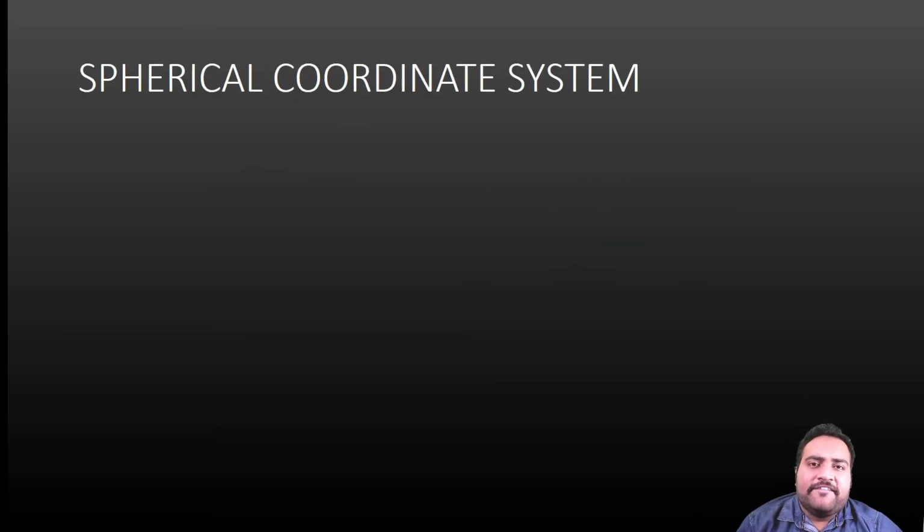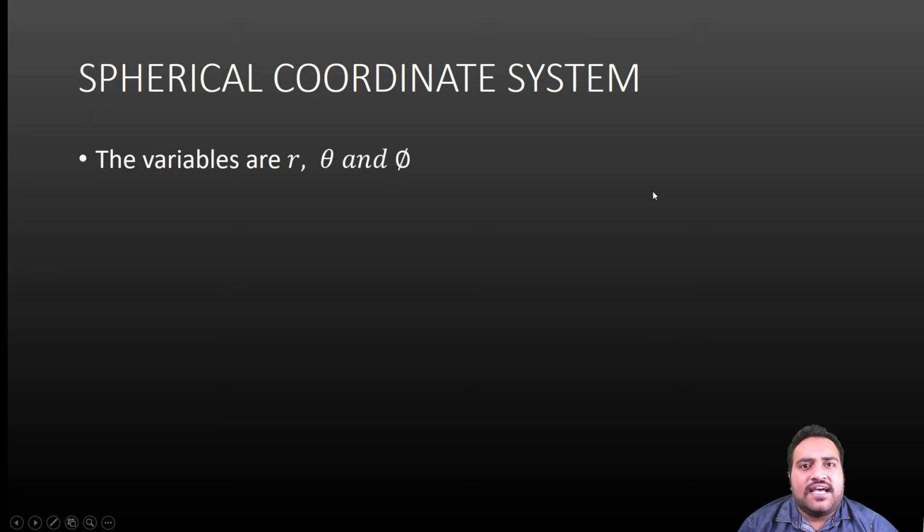Now that we have understood Cartesian coordinate system and cylindrical coordinate system, let us also look into the differential elements in spherical coordinate system. The variables in spherical coordinates are r, theta and phi. In this, r is a distance measure just like x, y, z and rho and h, whereas theta is an angular measure.